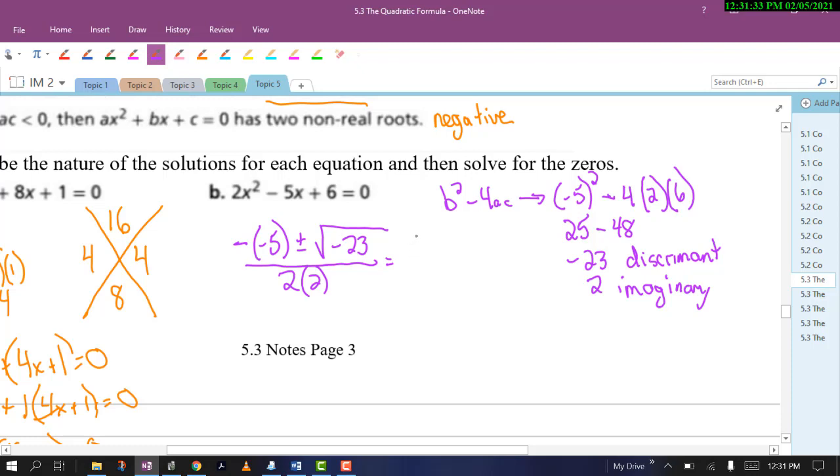So negative 5 is a positive 5. We can't simplify 23, but we can poke out our negative to make it an i. So poke out your i. We got i root 23 over 4. Can't simplify that. So we have two imaginary solutions because we have an i, and that's what we thought anyways.